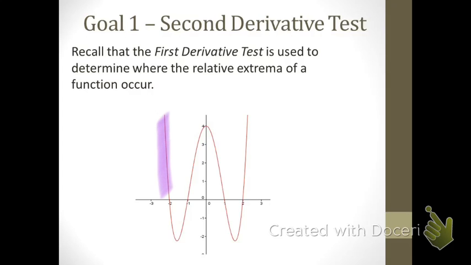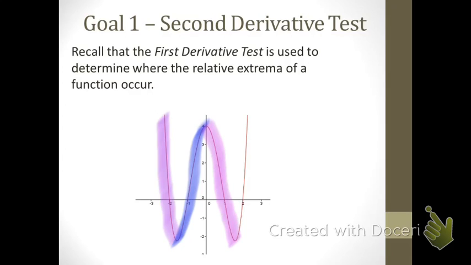So for instance here, since the function changes from decreasing to increasing, since the first derivative changed from negative to positive, we knew that there was a relative minimum. Then the first derivative changed from positive to negative when the function changed from increasing to decreasing, so we had a relative maximum.